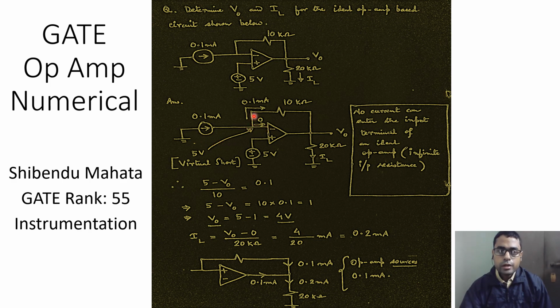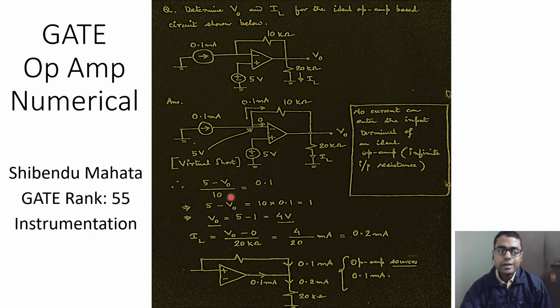Because this current is 0.1 milliampere, and we already know this node voltage as 5 volt, the other end is at V0 volts. Therefore, we can apply Ohm's law and write that 0.1 milliampere is equal to (5 minus V0) divided by 10 kilo ohms.